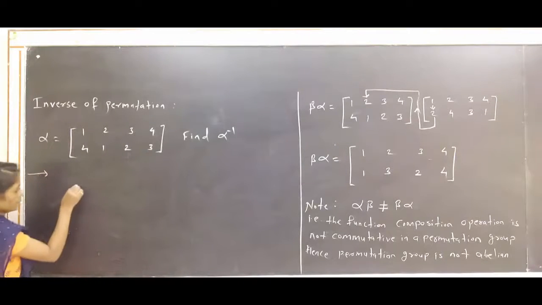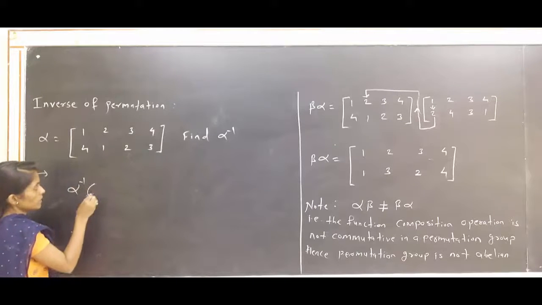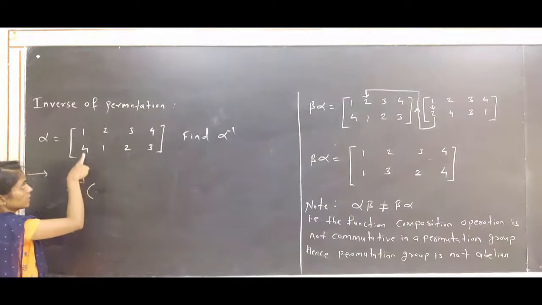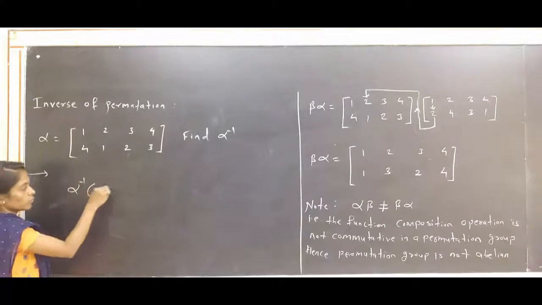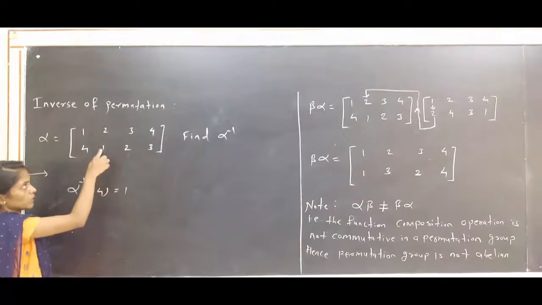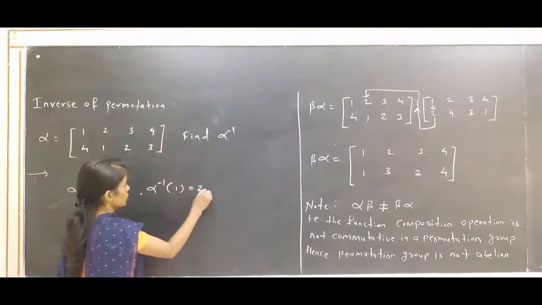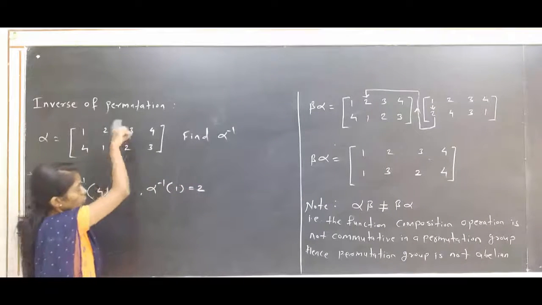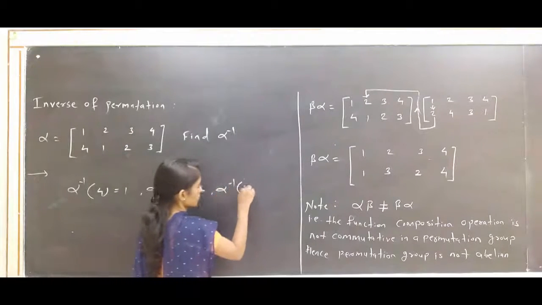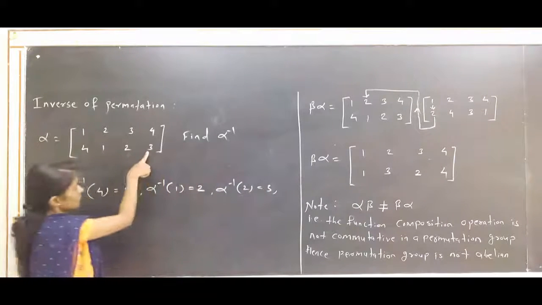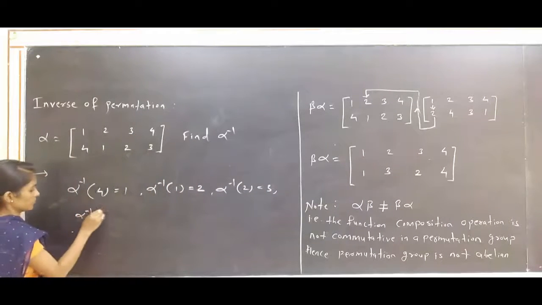So solution: alpha inverse of 4 is equal to 1. Alpha inverse of 1 is 2. Alpha inverse of 2 is 3. And alpha inverse of 3 is 4.